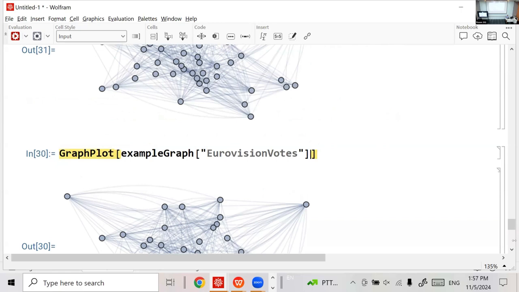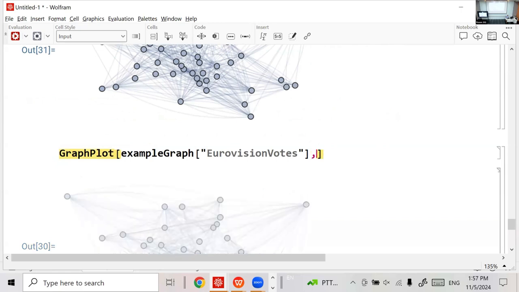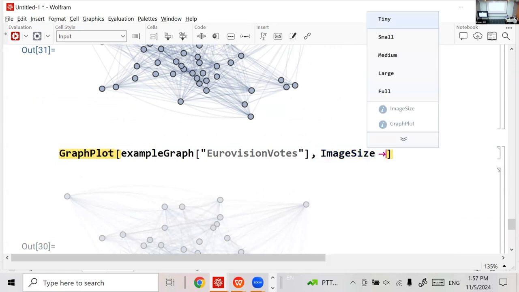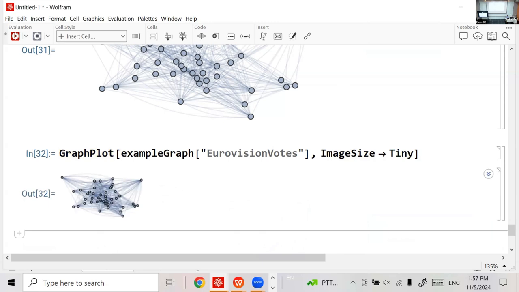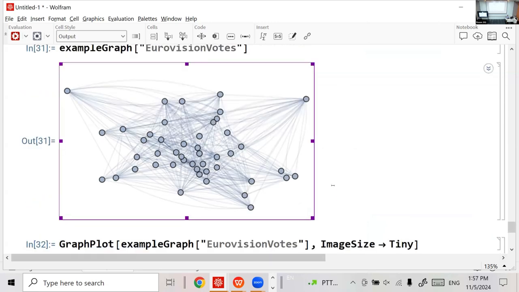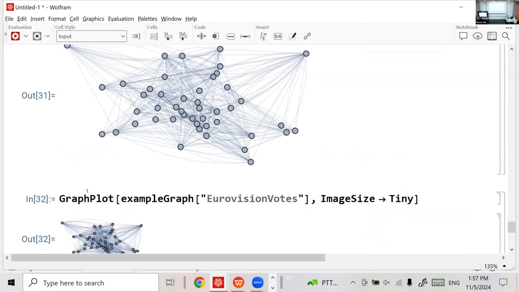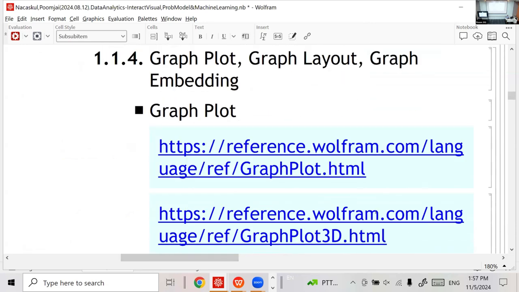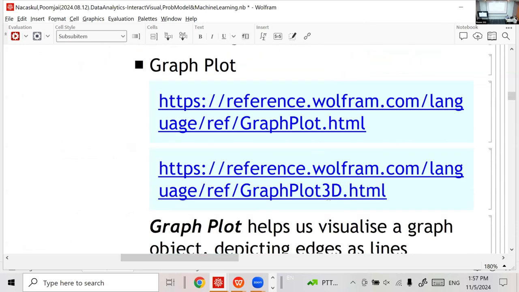Now the difference is, of course, if you use graph plot, then you can start doing formatting, something like image size, large, tiny. Whereas this just has one standard. So graph plot allows you to do all kinds of stuff. So this is the reference page. Go to that, check that. You can also have 3D.